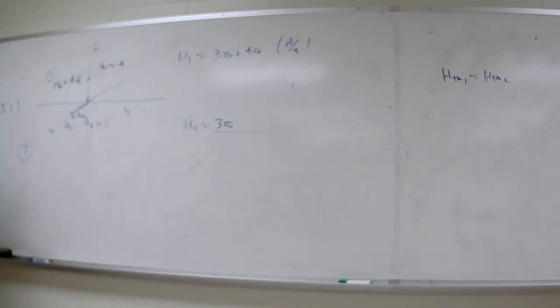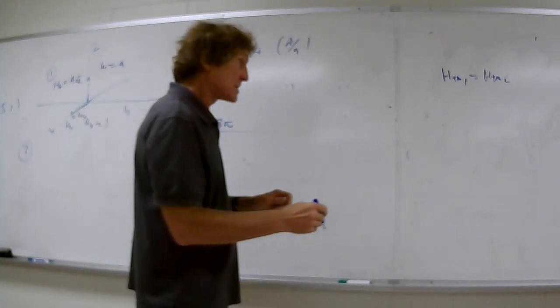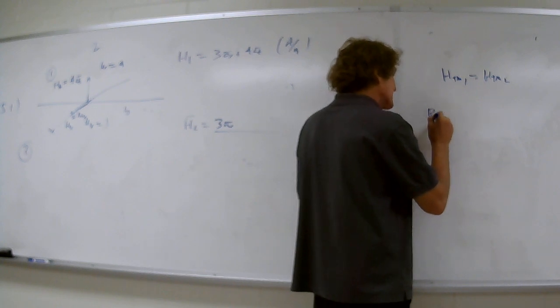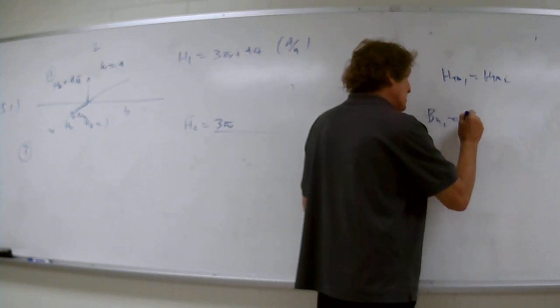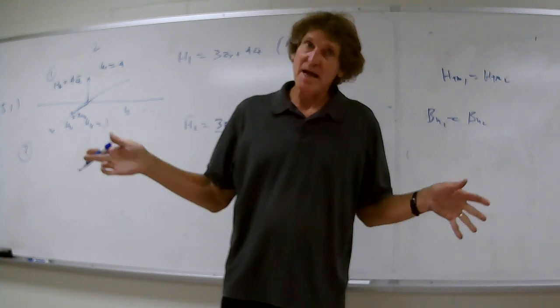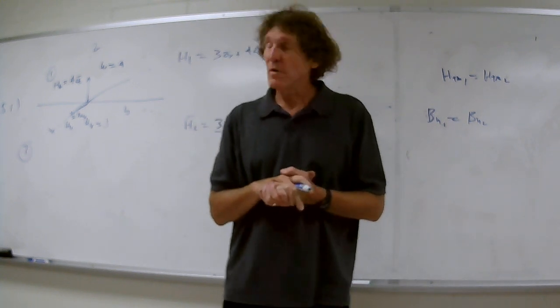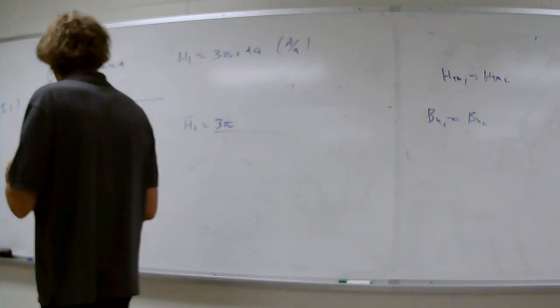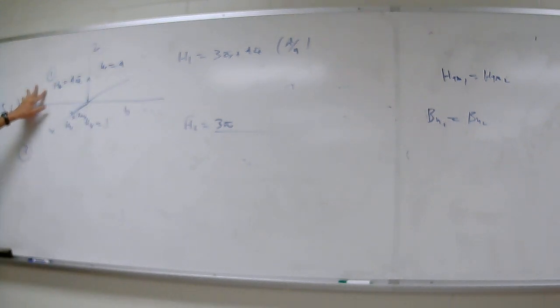All right, now, since the surface current is 0, B normal 1 is B normal 2. But we don't have B, we have H. What is H normal in region 1? Normal means perpendicular to the plane of separation. It's the 4AZ.